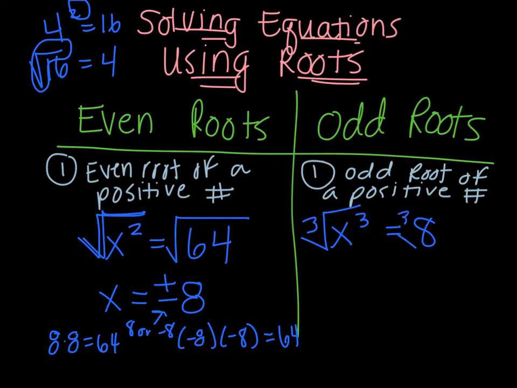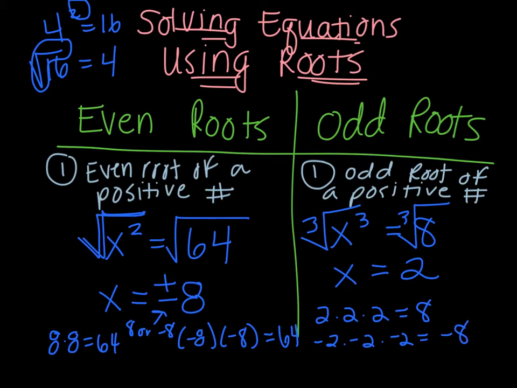And I'm going to do the same thing to the other side, giving me x, because the cube root of x cubed is just x, equals, there's only one answer here, and that's 2, because 2 times 2 times 2 is 8. The same is not true about negative 2. Negative 2 times negative 2 times negative 2 is negative 8. It's not positive 8. So we don't have the same situation that we had when we took the even root.